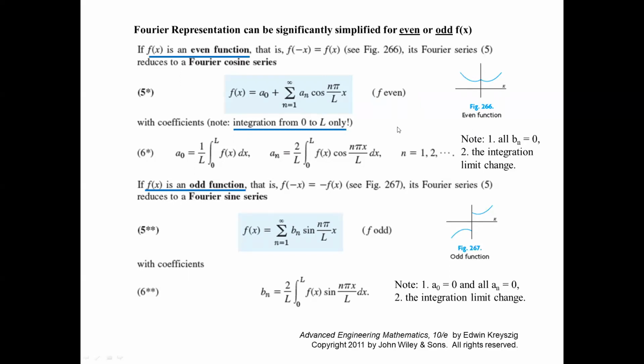In this case, the integration for the Fourier coefficient can be simplified, and the result can be expressed in this way. Only A0 and An remain as non-zero terms, and Bn is 0.